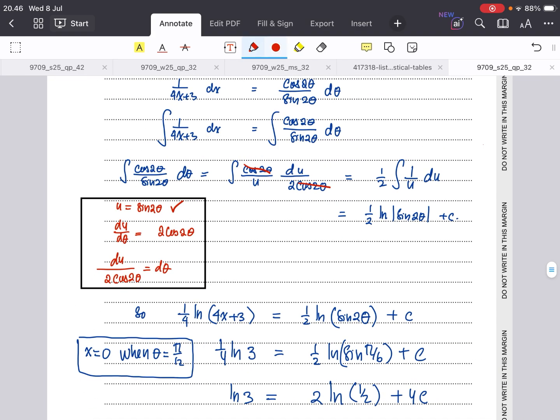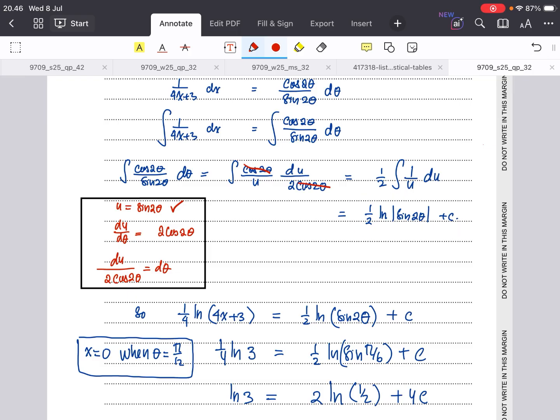So for this equation, the integration is 1/4 ln 4x plus 3, while this part we already got using substitution before. The answer is this.